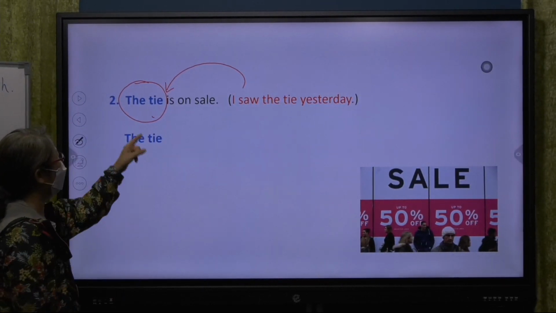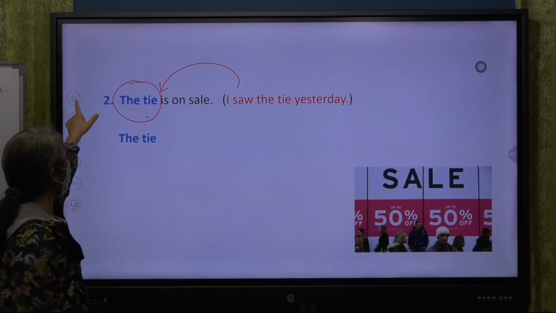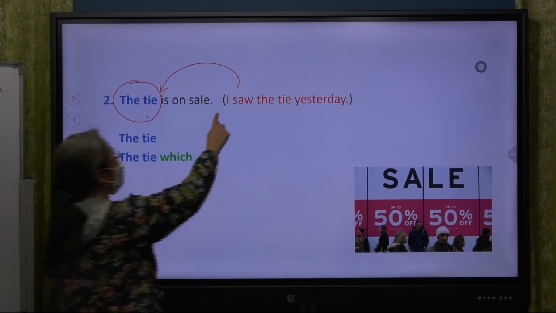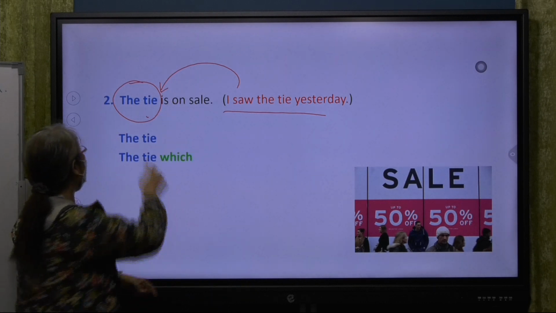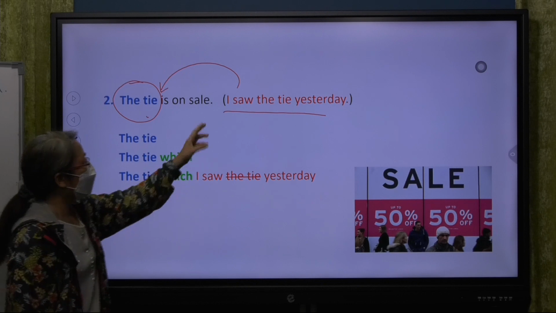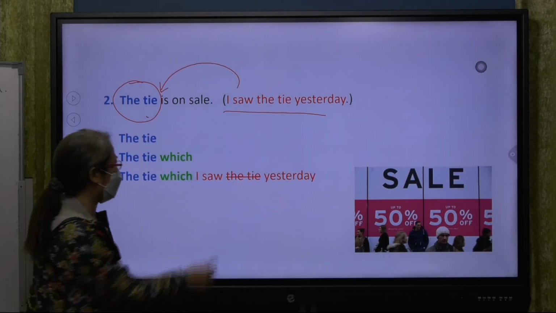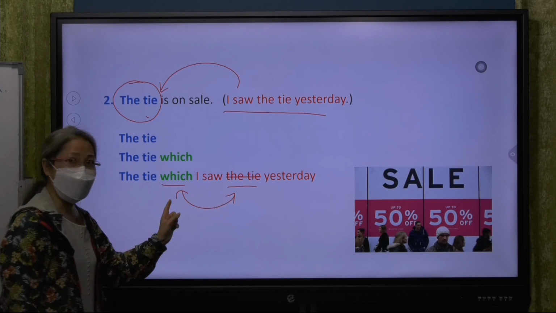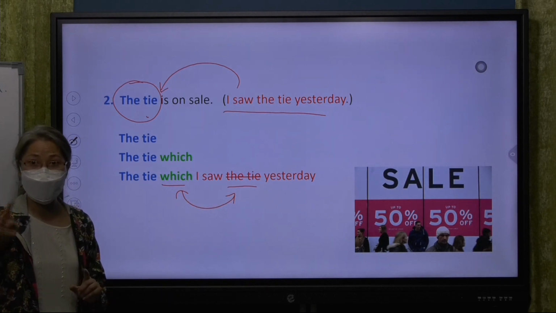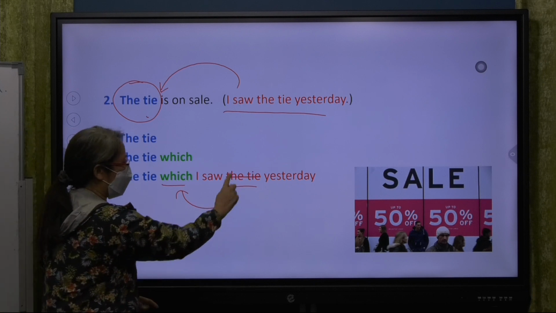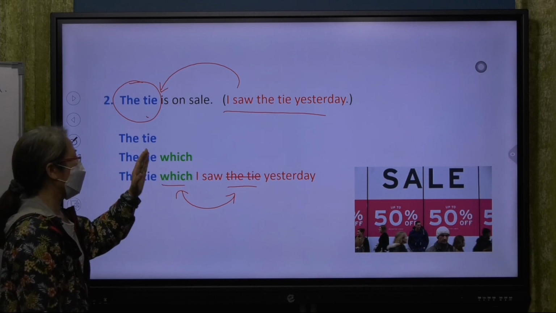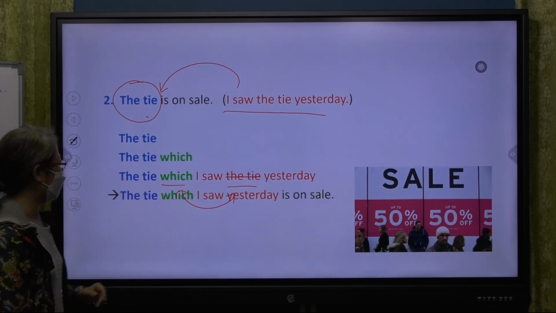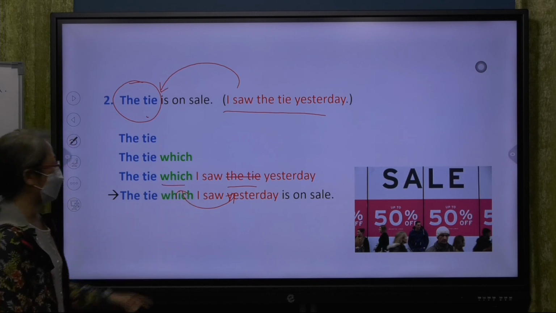The relative pronoun is which, and then I saw. Which I saw. I saw the tie yesterday. This is the same. 係講緊同一樣嘢。No need to write it twice, 因為會重複㗎。我哋用咗個 relative pronoun 代咗 the tie. No need to write the tie again. So in this case, the tie which I saw yesterday is on sale.